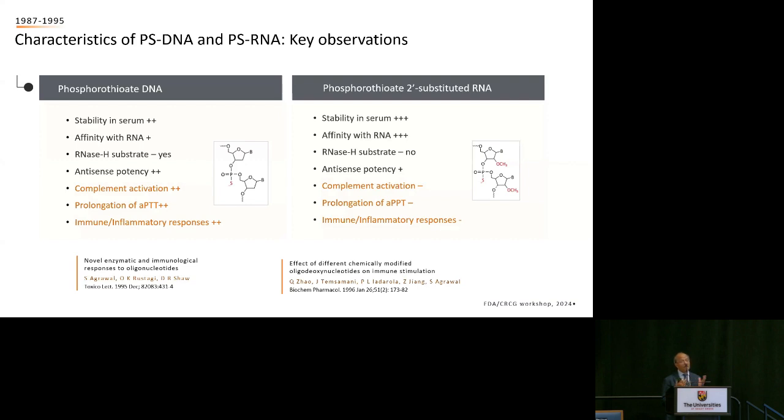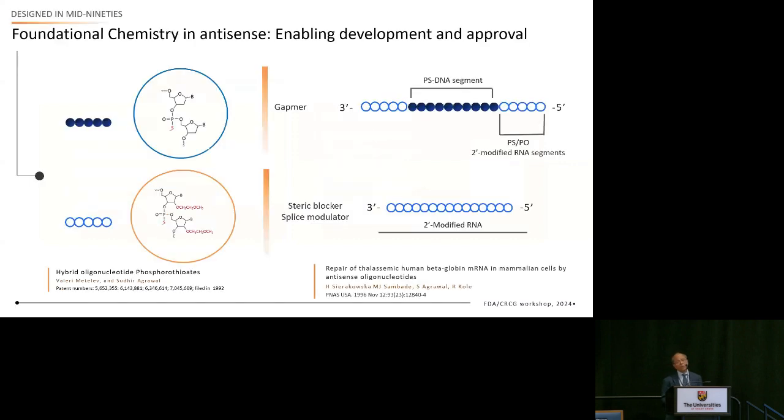So that is not charge dependent from the phosphorothioate, but rather DNA dependent and not RNA dependent. And so when we had this data, the question was how can we bring the desirable properties of these two modifications into one so we can modulate it? And that's what led us to create what we now call gapmer chemistry.